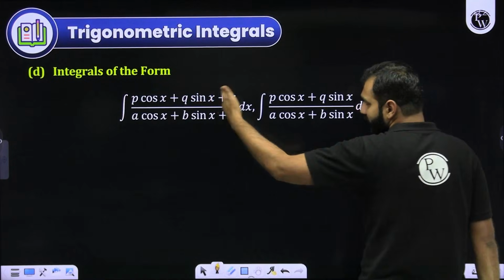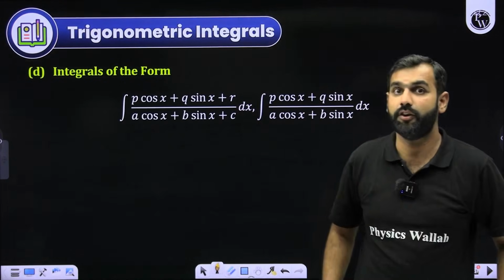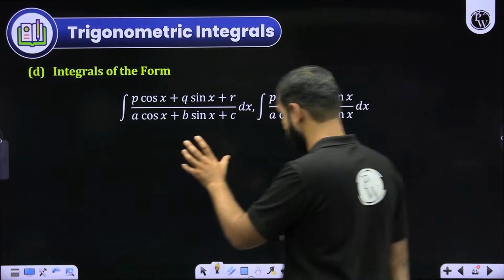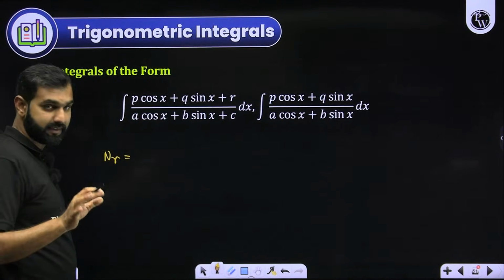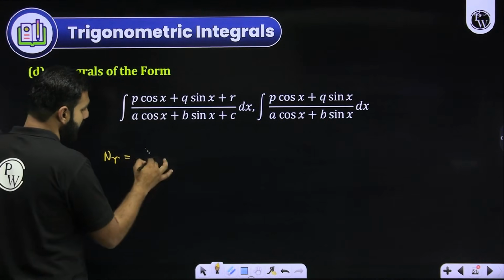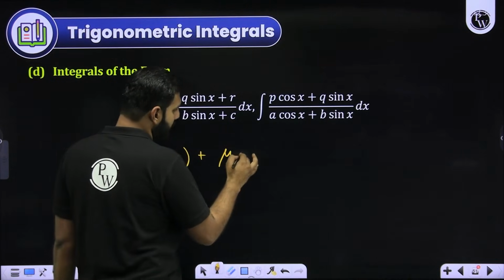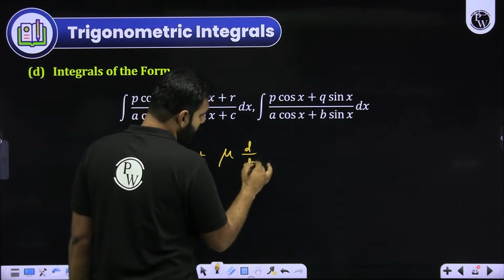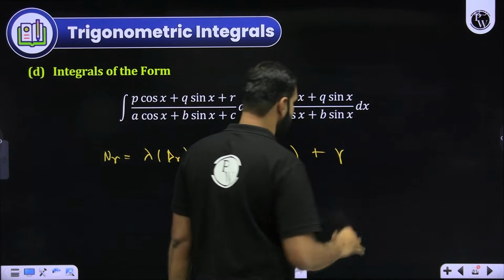And if that same scenario appears here, when a linear in cos x and sin x is given in the numerator and another linear in cos x and sin x is given in the denominator, then the numerator should be written, please understand, as lambda times denominator plus mu times derivative of the denominator, plus gamma. I hope there is no confusion on that.